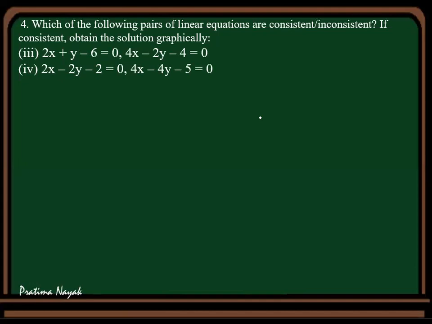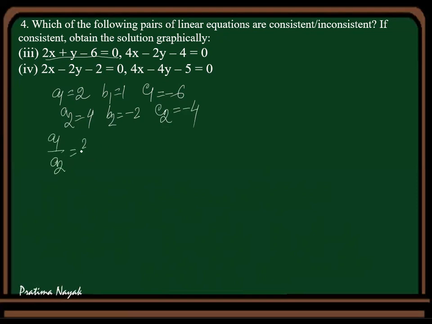Next is the third part. What is A1? A1 is 2. What is B1? B1 is 1. What is C1? C1 is minus 6. A2 is 4, B2 is equal to minus 2, C2 is equal to minus 4. So A1 by A2 is equal to 2 by 4. That will be half. And B1 by B2 is equal to 1 by minus 2.